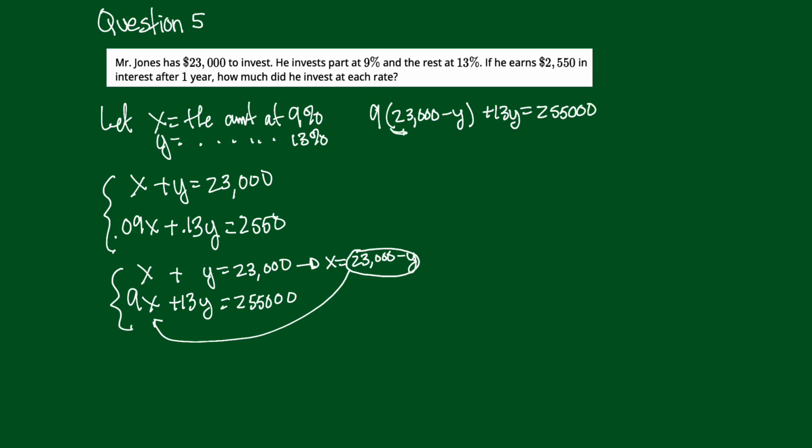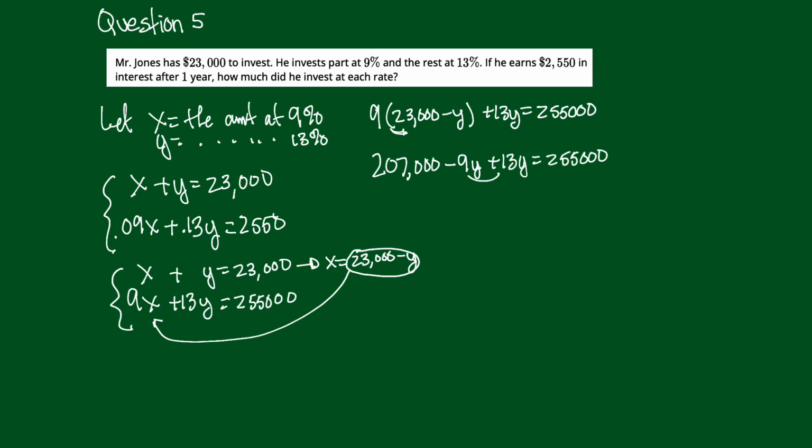So let's multiply through here. So 9 times 23,000, on my calculator I get 207 and 3 zeros, minus 9y plus 13y, that's all equal to 255 and 3 zeros.